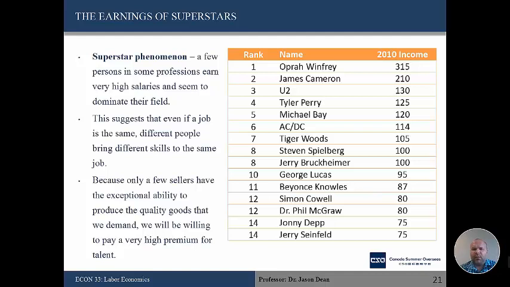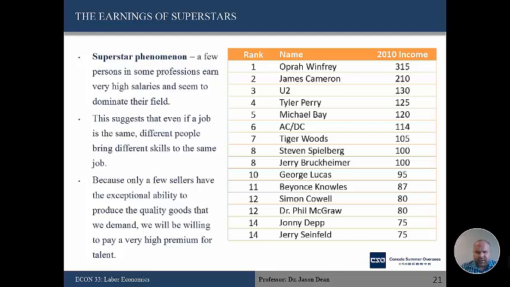When talking about the wage distribution, one thing that comes to mind is the observation that some people make extremely large sums of money within the same job. This is called the superstar phenomenon.